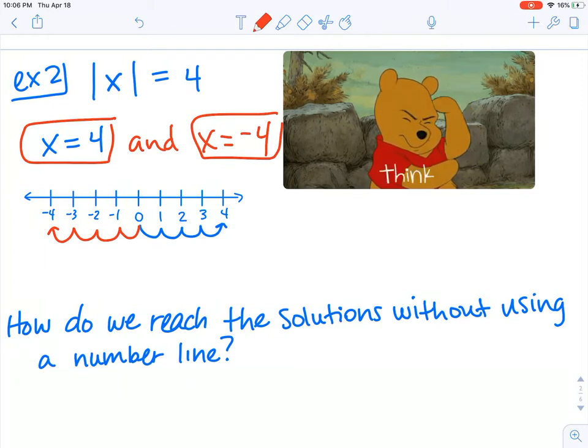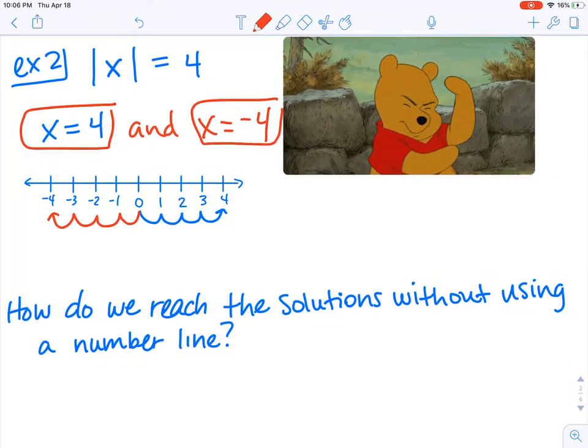How do we reach these solutions without using a number line? So in both example 1 and example 2, we saw that we had two cases.